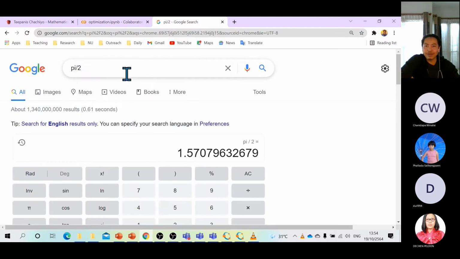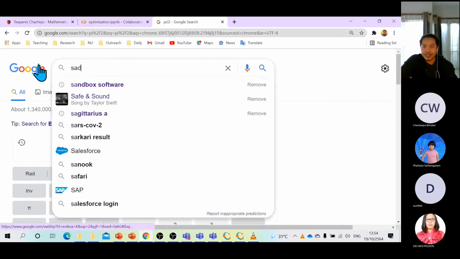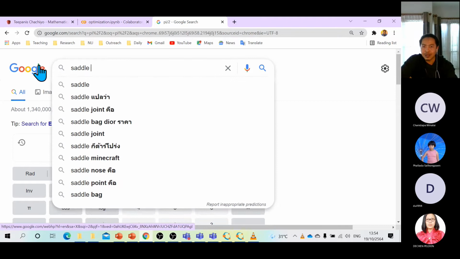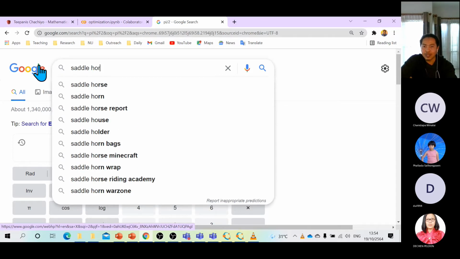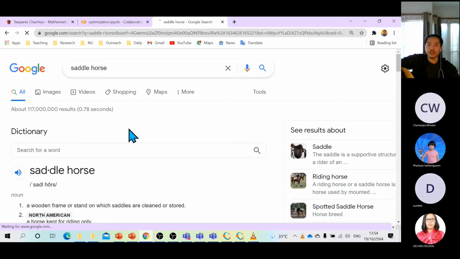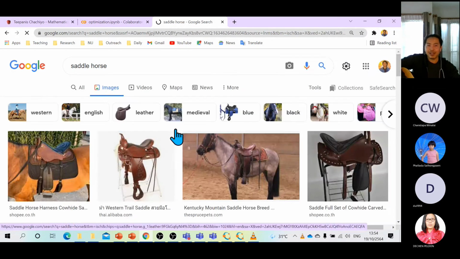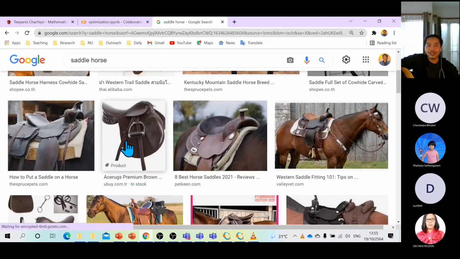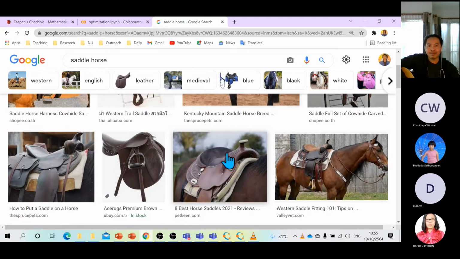Let me go here. Saddle, horse. Okay. Images. Come on, there you go. There's a saddle there. Okay. The thing that you sit on. It's neither maximum nor minimum.